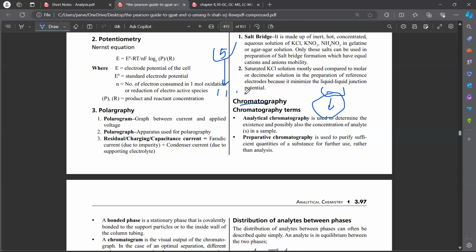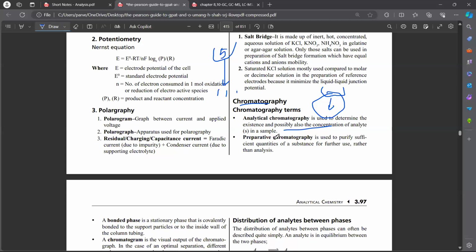Chromatography can be analytical or preparative. The main aim of analytical chromatography is to quantify the analyte present in the sample, so it is for quantification purposes.